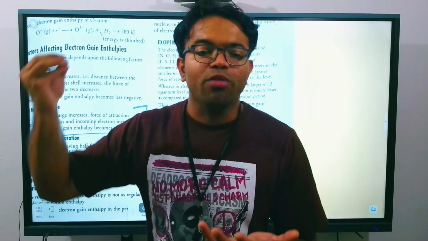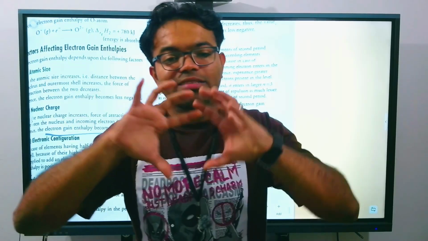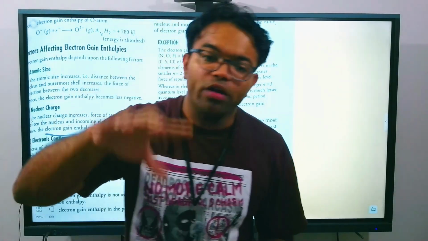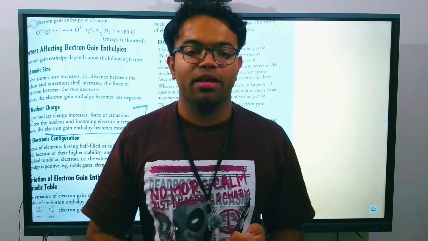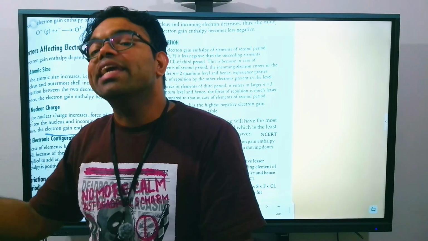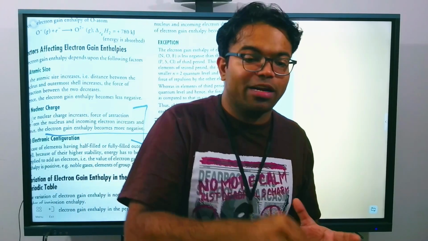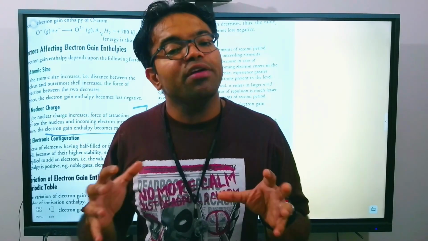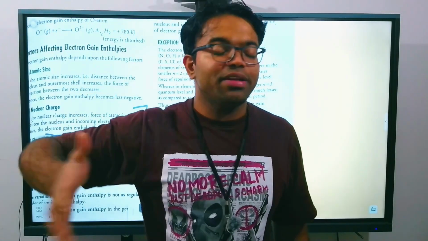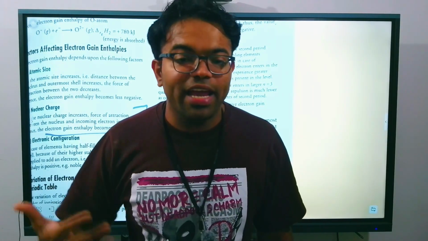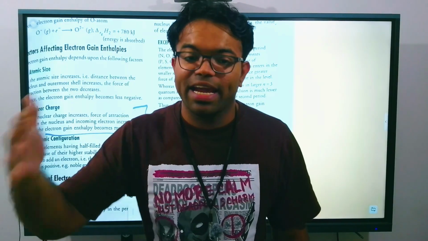Therefore, if you try to add an extra electron in this cramped space, what ends up happening? The electrons that are already present in the shell will try to repel the incoming electron, even for groups 16, 17, 18, where you already have very high electron gain enthalpies in the negative direction.